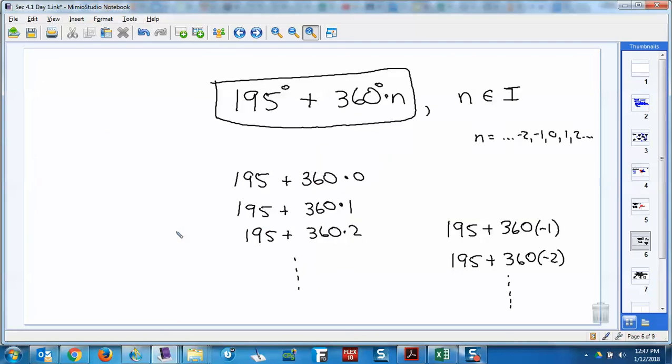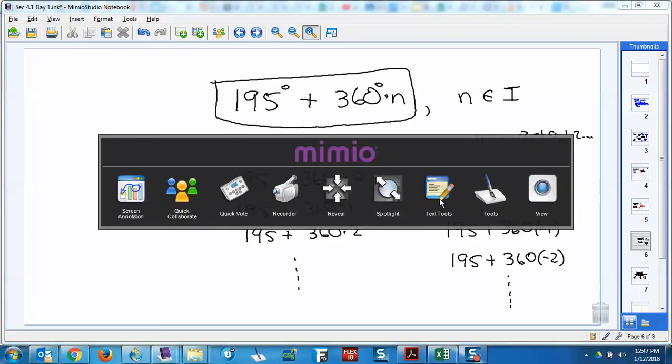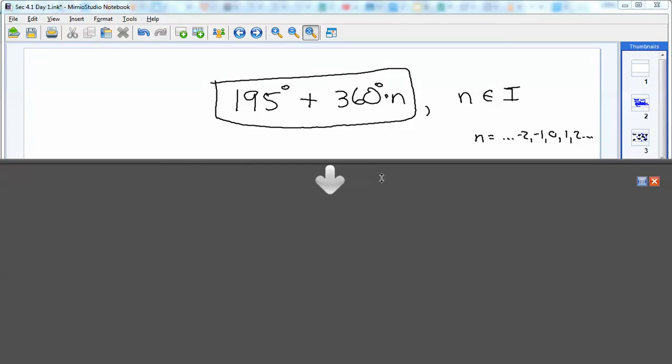Now, sometimes that's written this way, and this would be worth noting. We're going to get into this a little more later. This doesn't affect today's homework. A lot of times how we write that angle is 195 plus 360 times n, where n is an element of the integers: negative 1, negative 2, negative 3, 0, 1, 2, 3, and so forth.